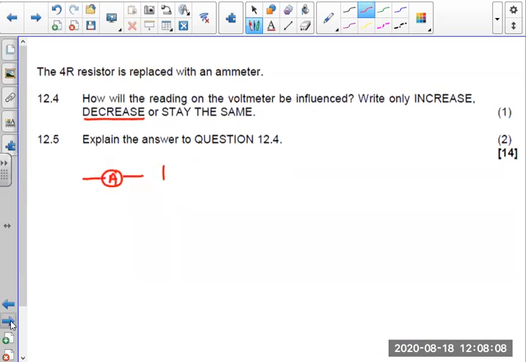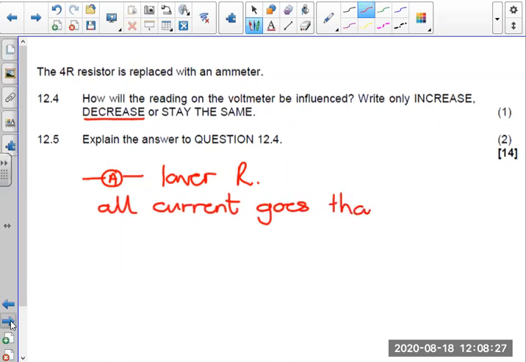Ammeter has a lower resistance, and because it has a lower resistance, all the current goes through the ammeter. Okay, so this is the one explanation.